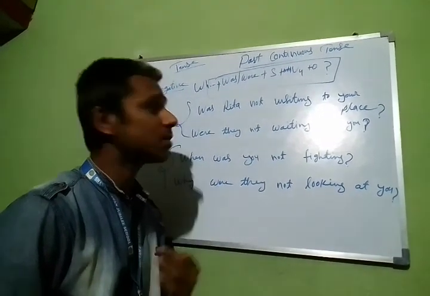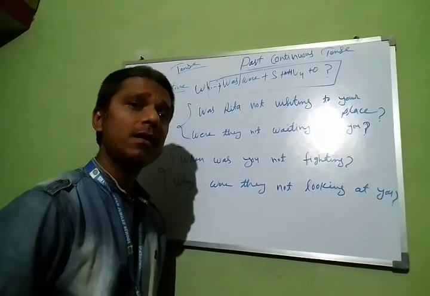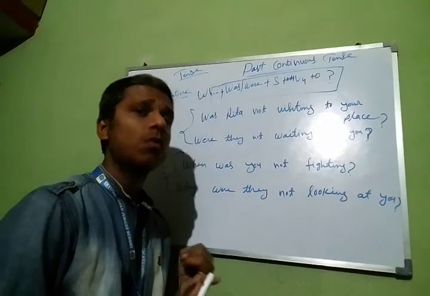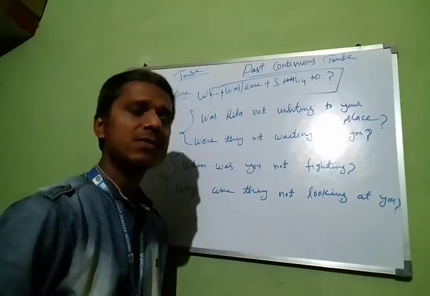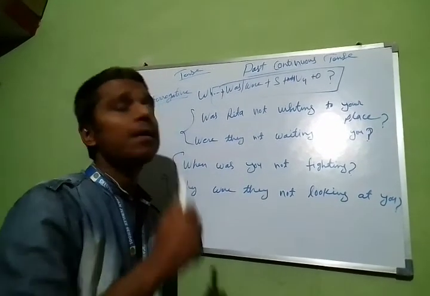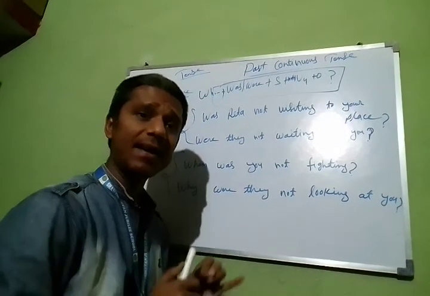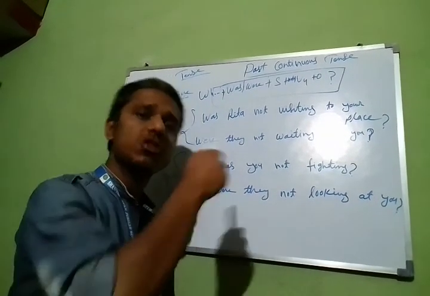Third use of past continuous tense is when one activity is finished, is completed, while another one is still going on. In that case, we use simple past to that activity which is completed and past continuous tense to that activity which was still going on.